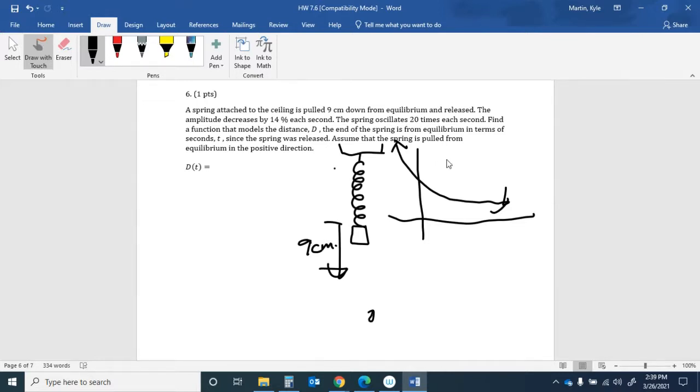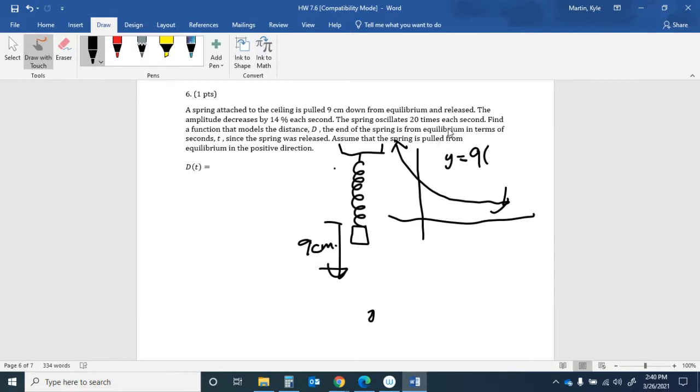Let's look at the basic formula, the standard form of a decay function. That's going to be y equals the beginning state, or beginning population when we're talking about growth, the initial amplitude, times the decay factor.